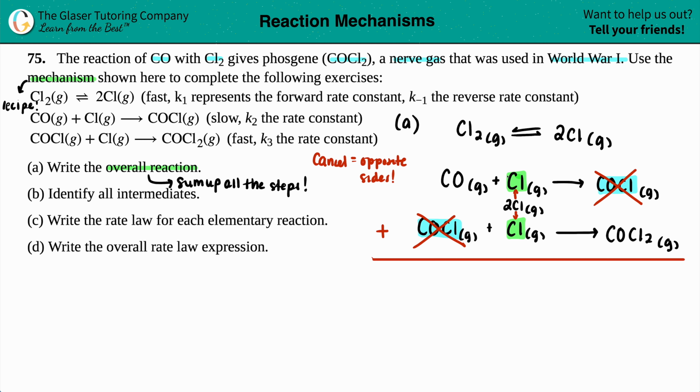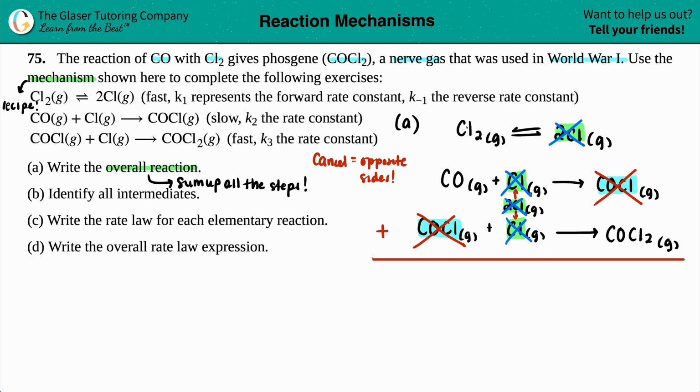So maybe I cancel these out and say this turns into 2 Cls. But then wait a minute. I have 2 Cls on the right side, and I have the 2 Cls on the left. They're both gases. They're identical. So all these cancel. Goodbye.